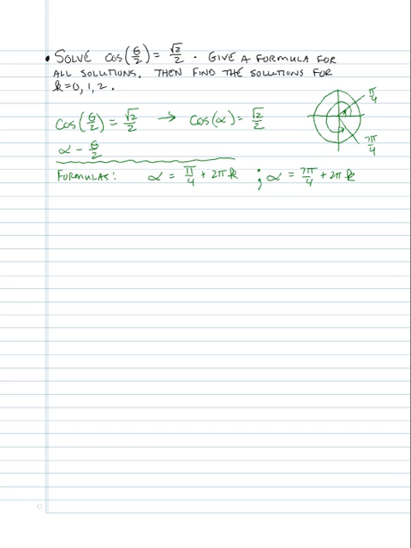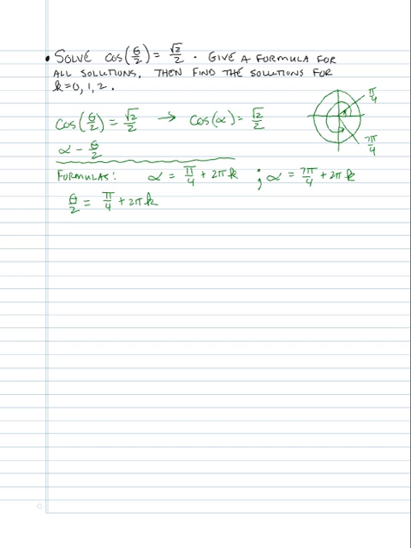The problem is, as we just saw a moment ago, we're really needing a value for theta, not for alpha. So we come back in here, we'll do these side by side, but one at a time, replacing alpha with theta over 2. So the first formula becomes theta over 2 is equal to pi over 4 plus 2 pi k.